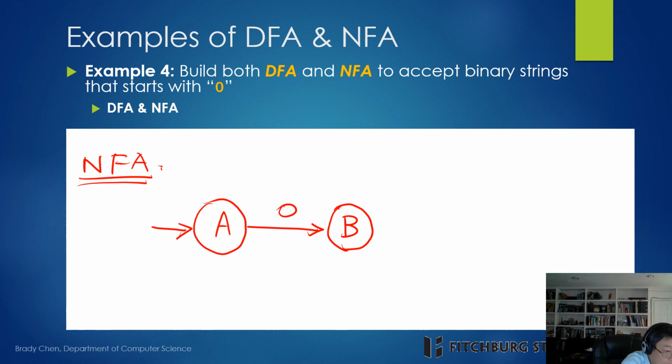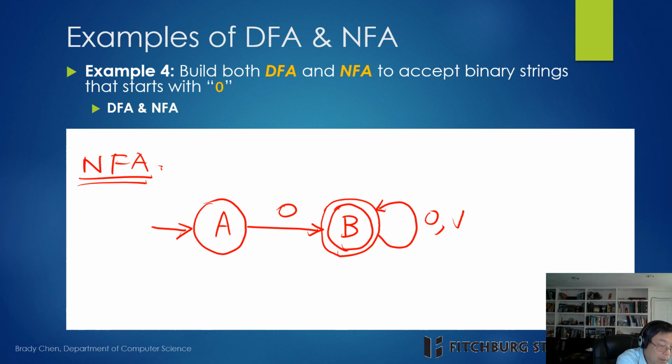Now, since this NFA is going to accept binary strings that start with 0, we enter the accepting state, right? And after this, it doesn't really matter what the next input is. It stays in the accepting state, because it always starts with 0.